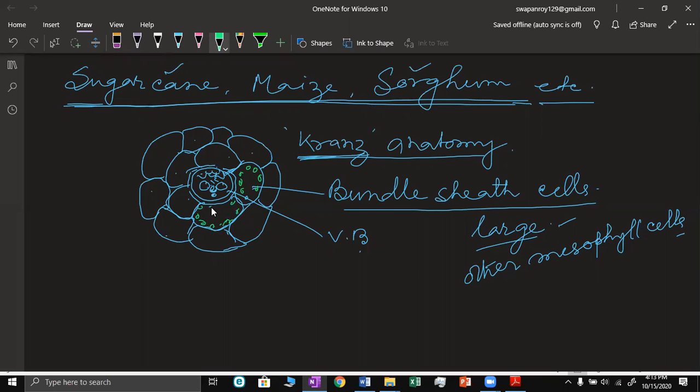But these chloroplasts are slightly different.